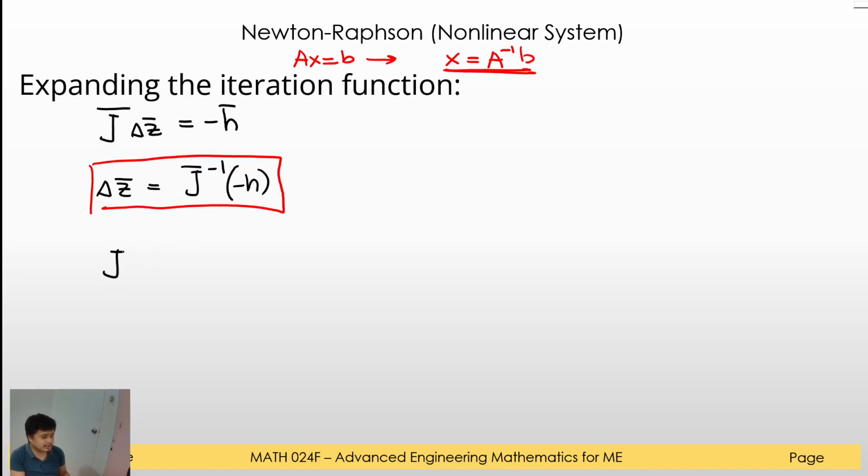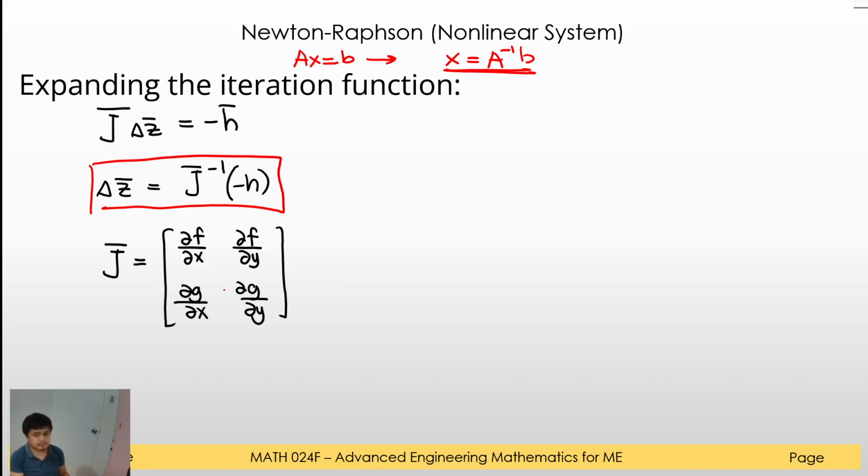So the Jacobian, as we recall, is just a collection of the partial derivatives of the functions. So let's say x and y, function f, and then the partial derivatives of the function g with respect to x and with respect to y. Now, if we want to find the inverse, if you can recall, we have the formula.